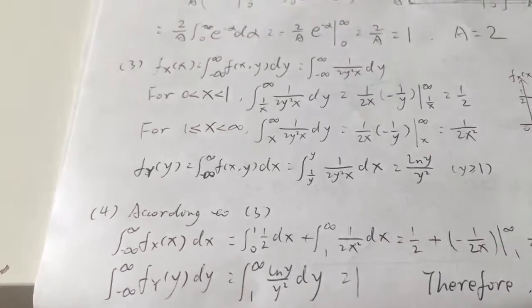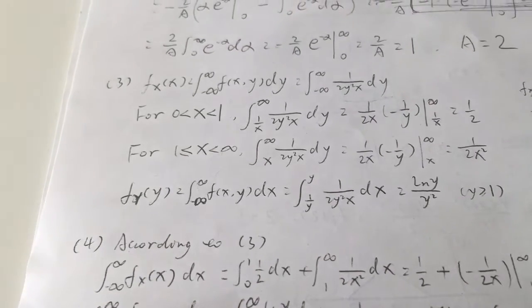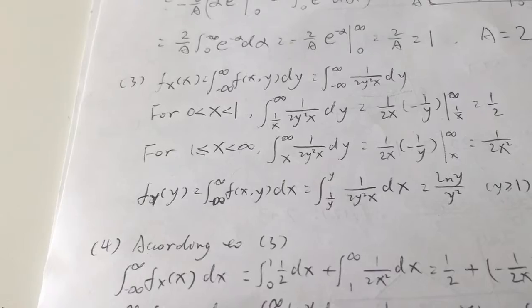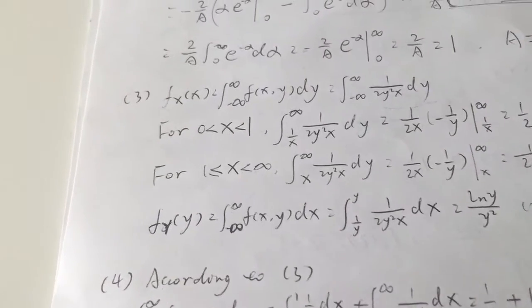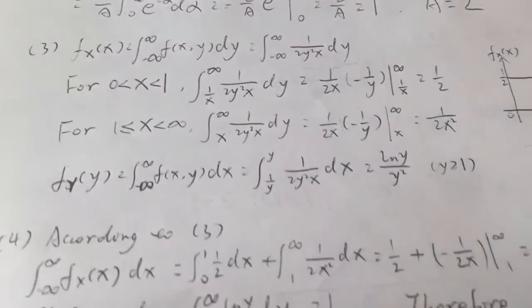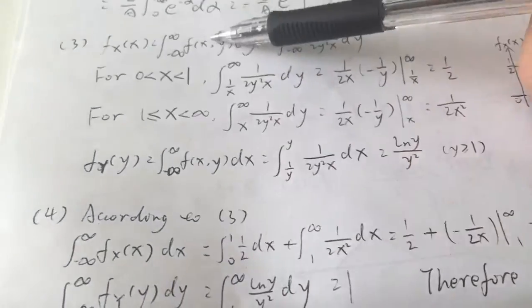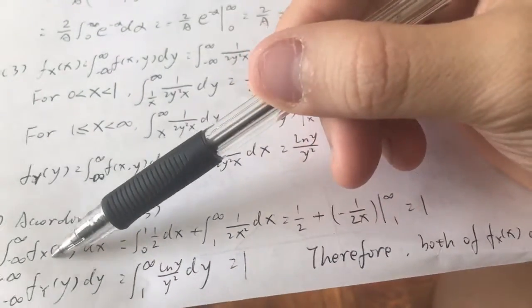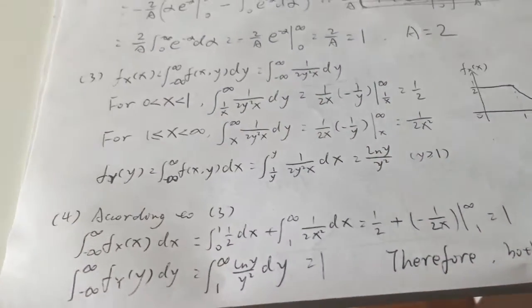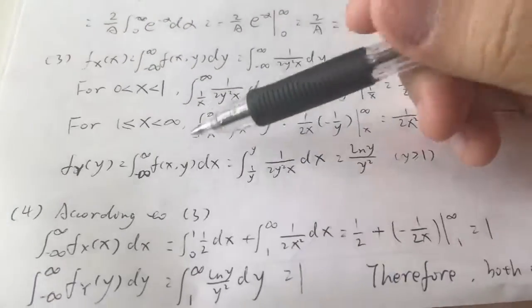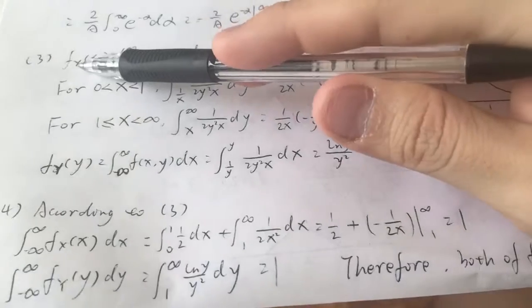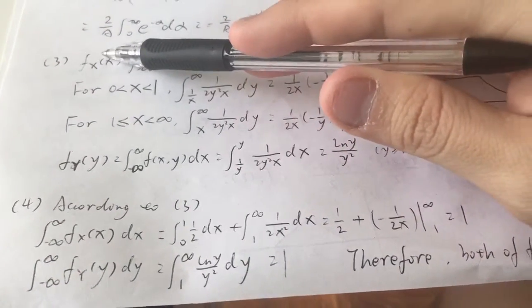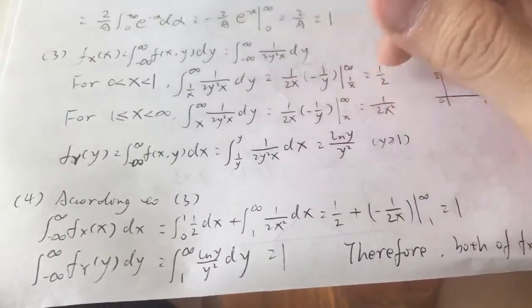And for question 4, we need to verify that fx and fy are valid density functions. So we can combine these two questions. According to the third question, we have known the equations of the marginal density functions.